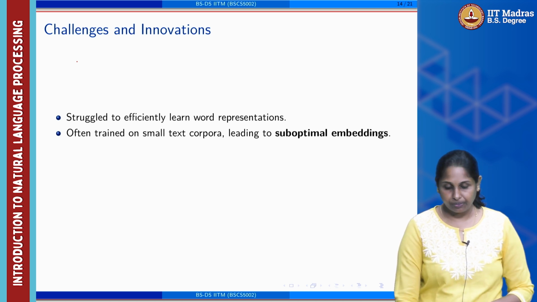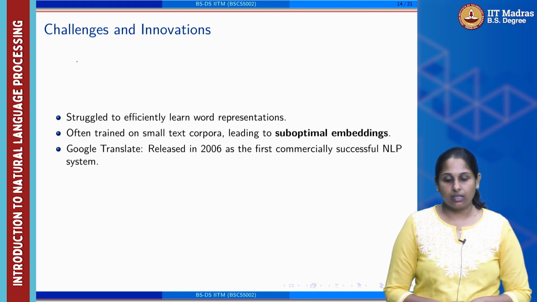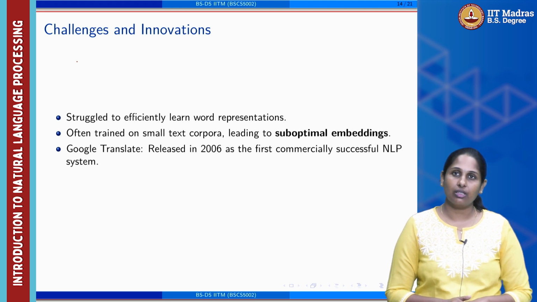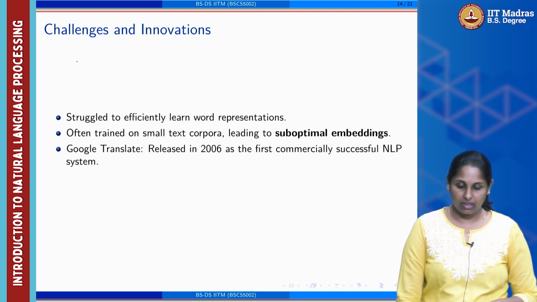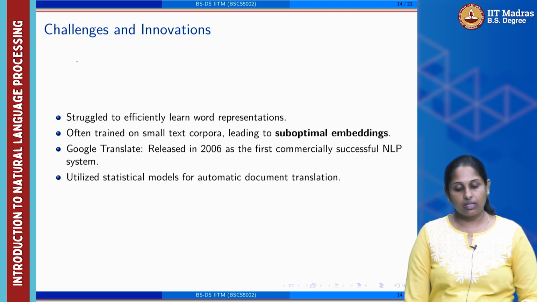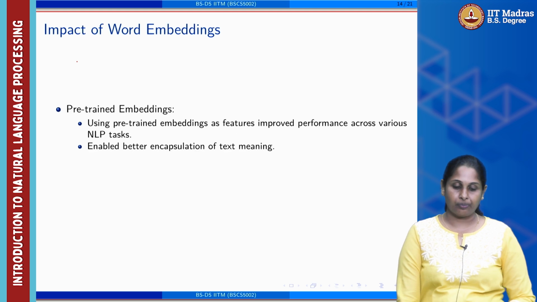The best success during that period was in 2006, when Google released Google Translate, the first commercially successful NLP system using a statistical method. It utilizes statistical models for automatic document translation.